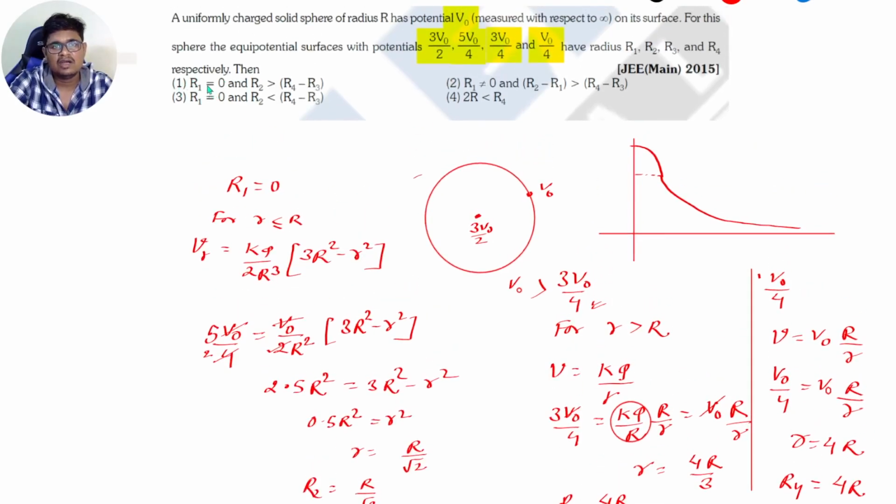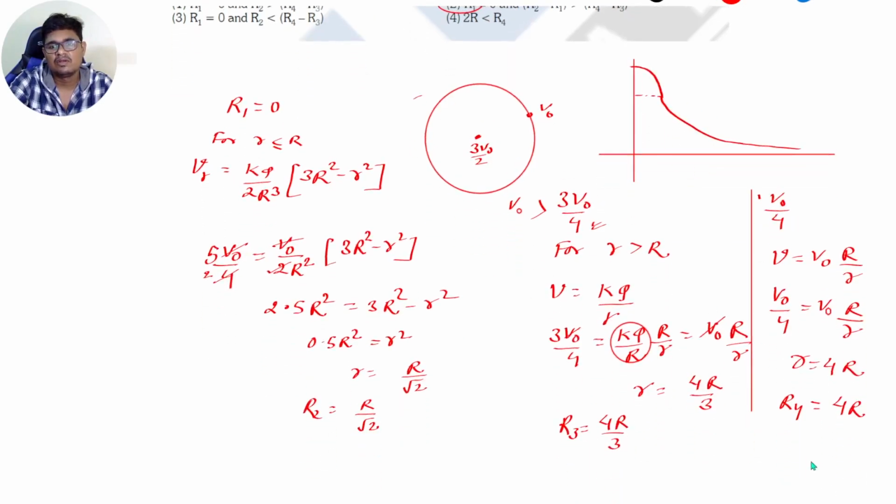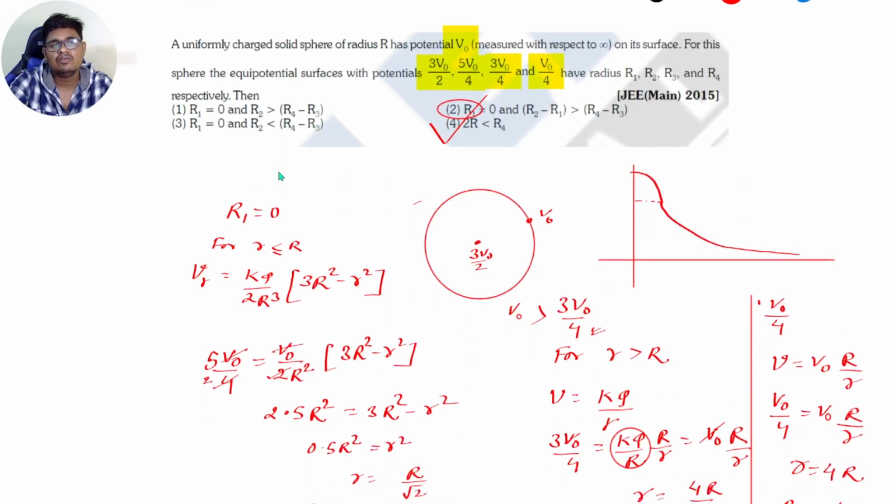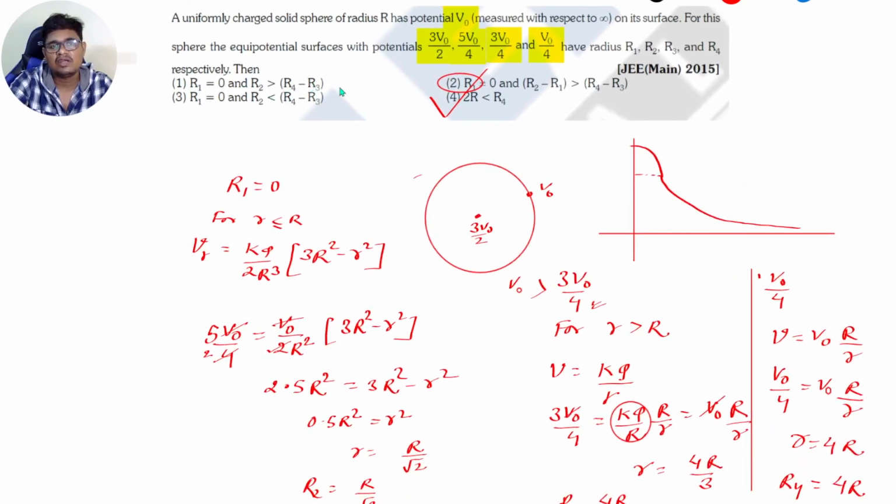So R1 is 0, so options 1 and 3 are correct here. Option 2 is not correct, because in the question you can see that we have got R1 as 0, so this is not correct. Now 2R is lesser than R4, so 2R is lesser than 4R. That is right, so option 4 is correct here. Then R1 equals 0 and R2 is greater than R4 minus R3.